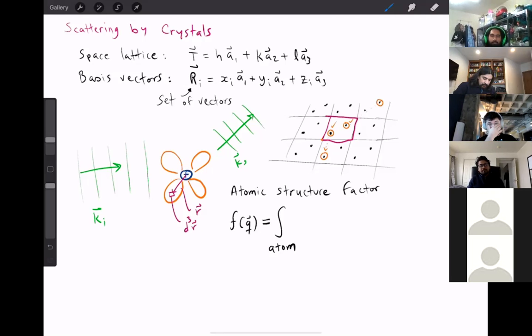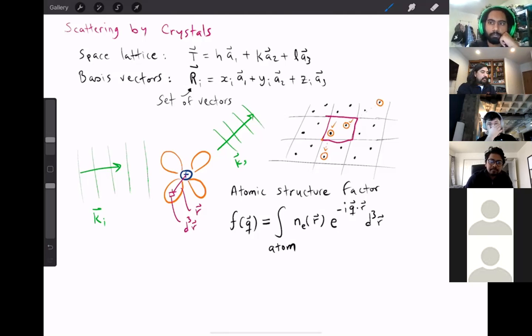And then you integrate the electron density of that cloud over position space, and multiply it by this exponential of Q dot R. And again, the integral is over all space that is affected by the atom, wherever the density is not zero. So this is what you do. That's the structure factor.